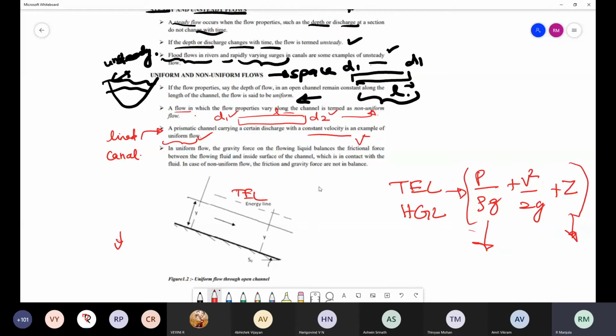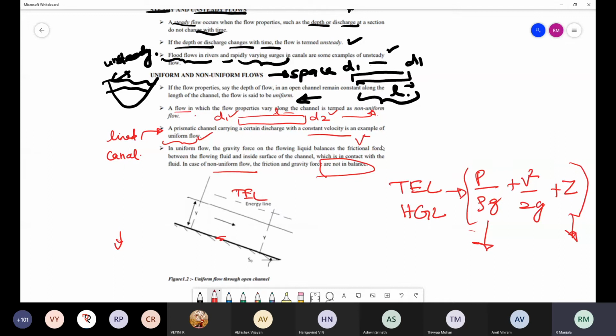So in case of uniform flow, the condition is that the gravity force acting on the flowing liquid will be balancing the frictional force between the flowing liquid and the inside surface. Inside surface is this one, the surface of the channel which is in contact with the fluid. Whereas in case of non-uniform flow, this is not balanced.